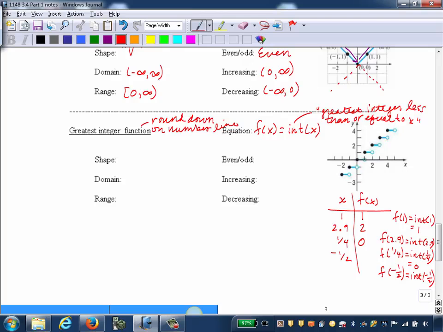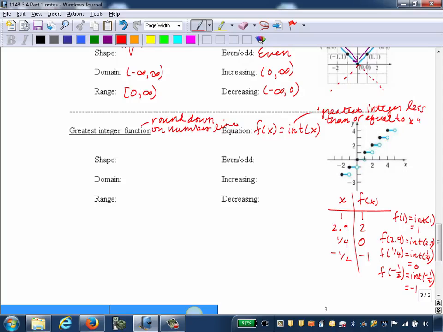Now be careful on the negative ones. -1/2 falls between -1 and 0. So if I round it down to the smaller one, that would round down to -1. So you'll have questions in the homework that just ask you to evaluate the function, like they don't even talk about the graph yet. So that takes some practice because this function may be new.